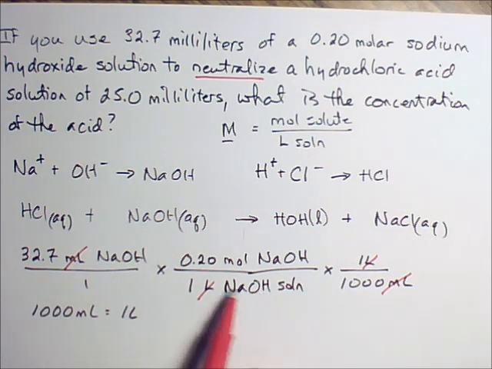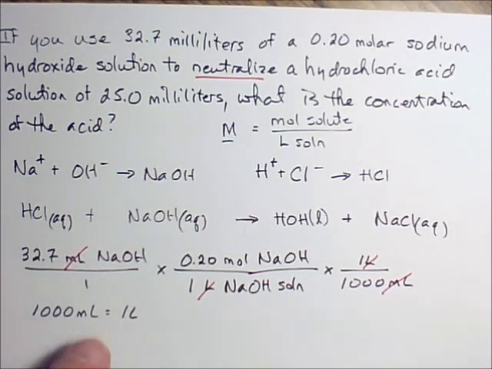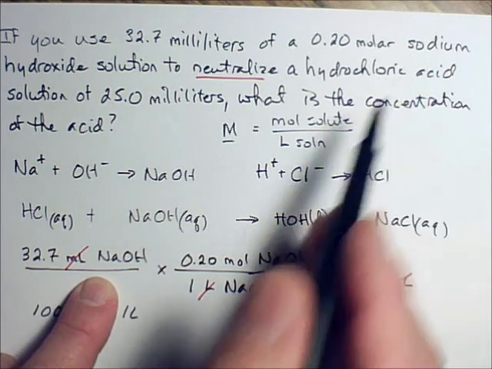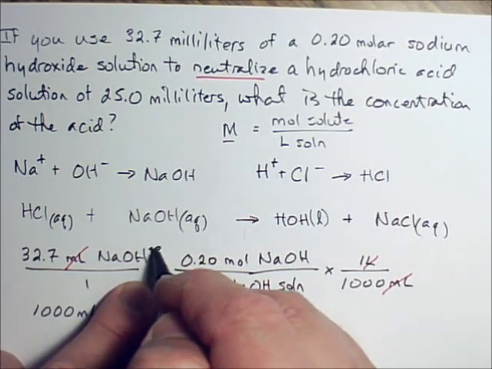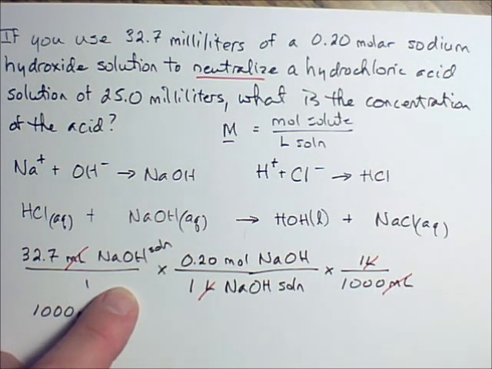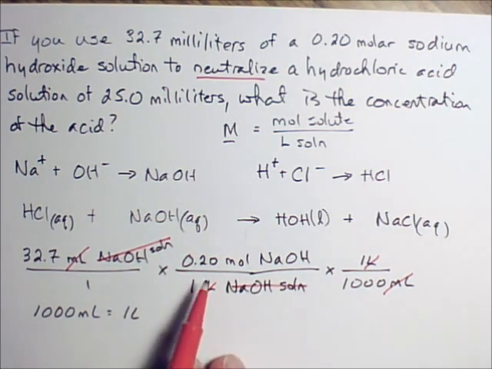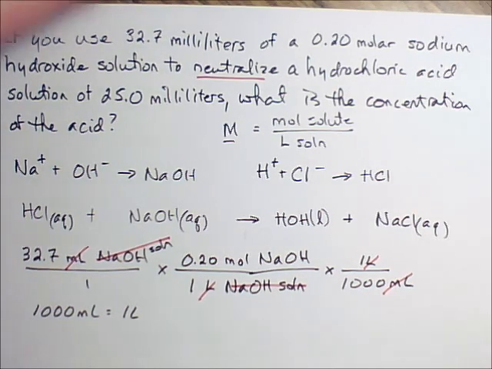Here's what I need to point out to you here. The milliliters here is a sodium hydroxide solution. So basically this cancels out too. And when we get done, we'll have moles of NaOH. That's where you get out your calculator.